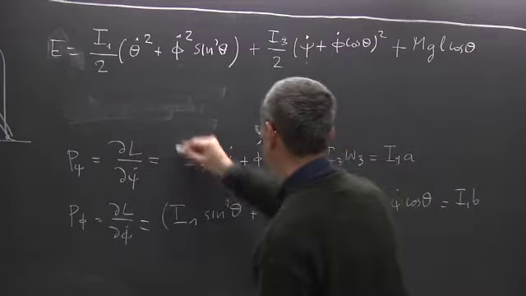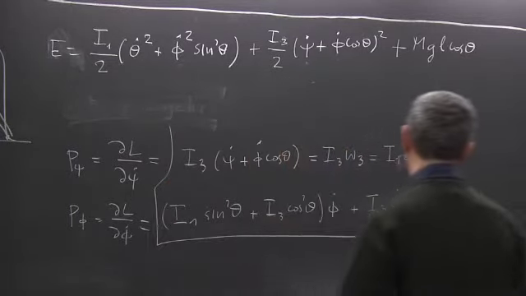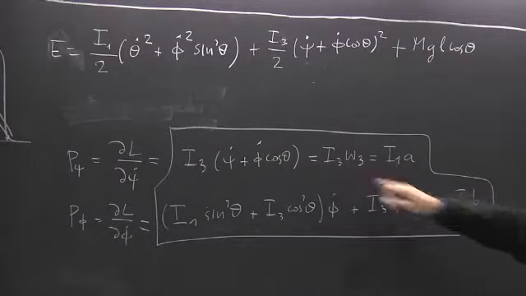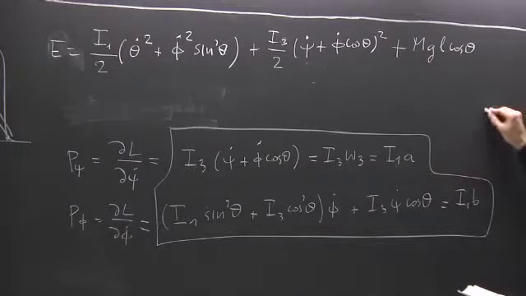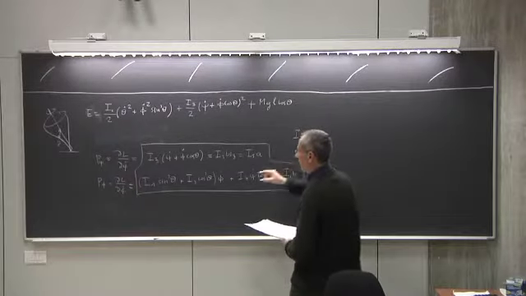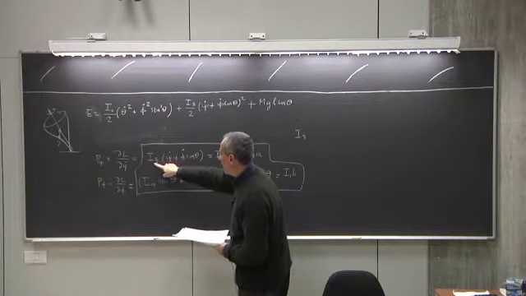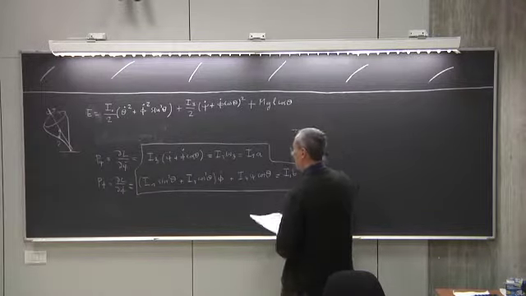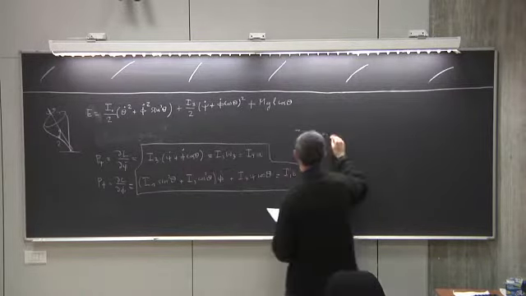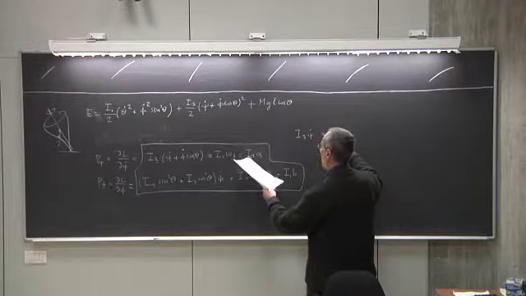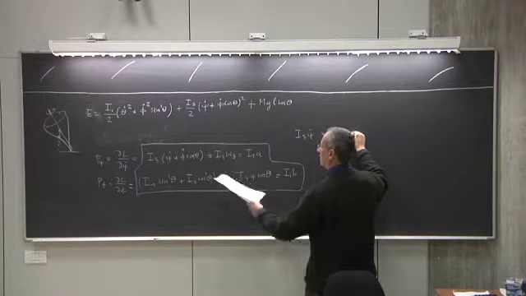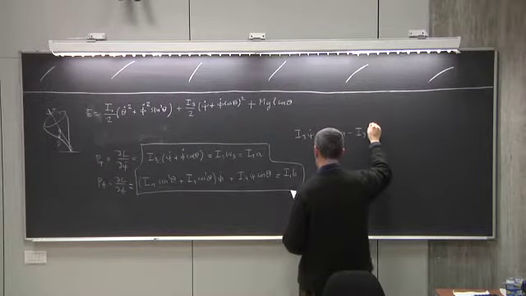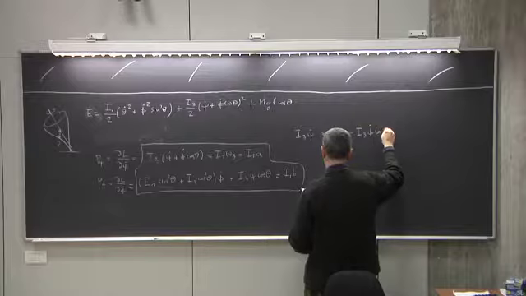So the equations are these, and they are on the top. So from this one, you see that I can write I3 psi dot. I take this part on the other side, so it's equal to I1 a minus whatever is left there, that is phi dot cosine theta.